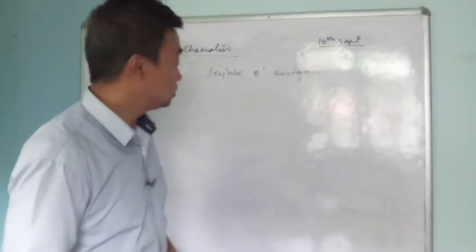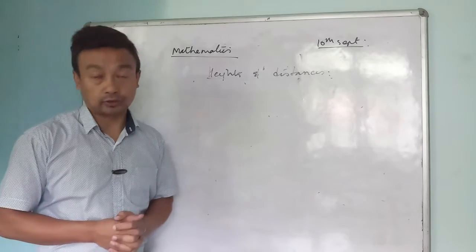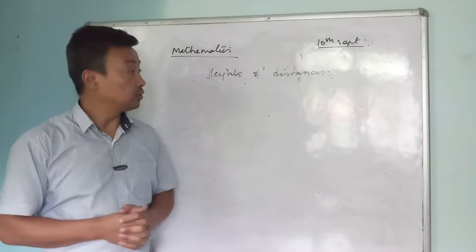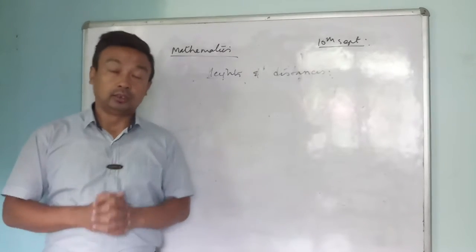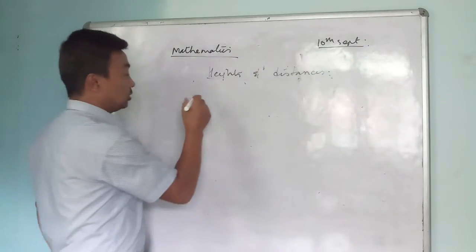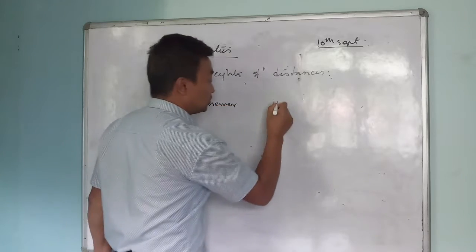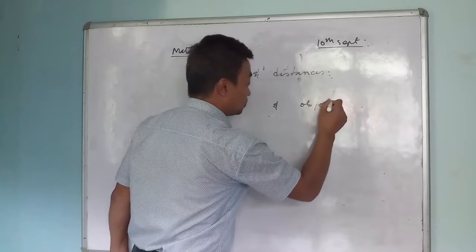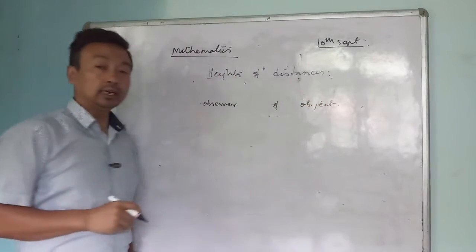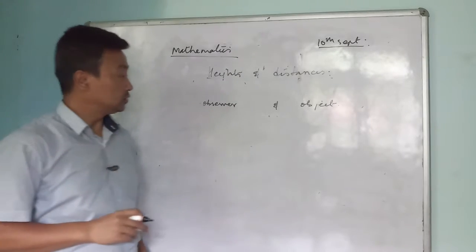In order to find the heights and distances of various objects, we have to understand two terms here. The first is that there will be two things, the observer and the object. These are the two points you need to understand.